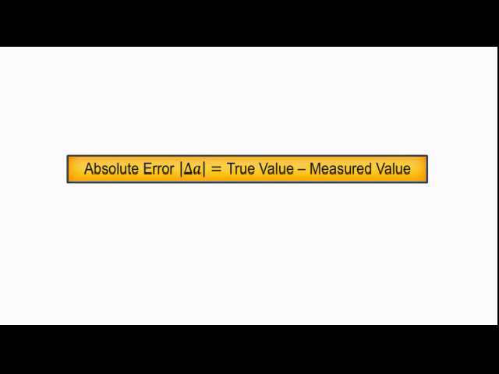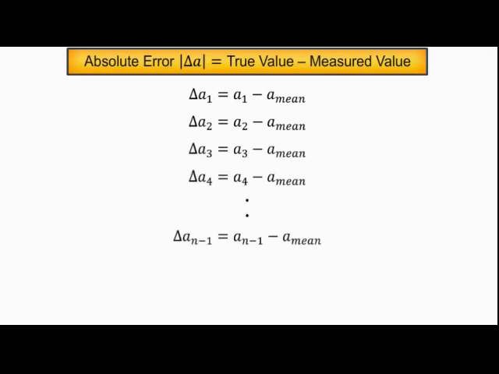It is denoted by mod delta A. Since an arithmetic mean is considered the true value, delta A1 is equal to A1 minus A mean. Delta A2 is equal to A2 minus A mean, and so on till delta An is equal to An minus A mean.